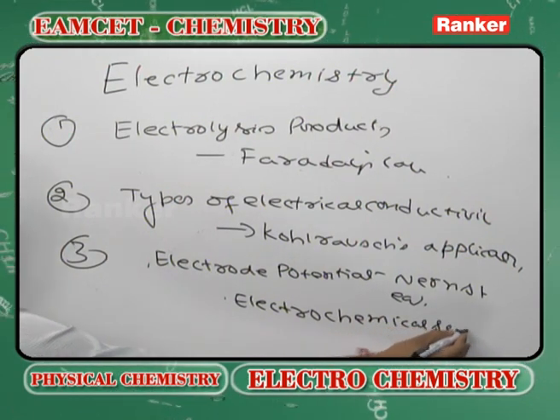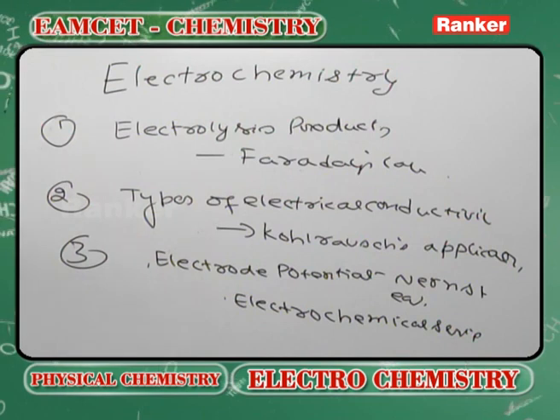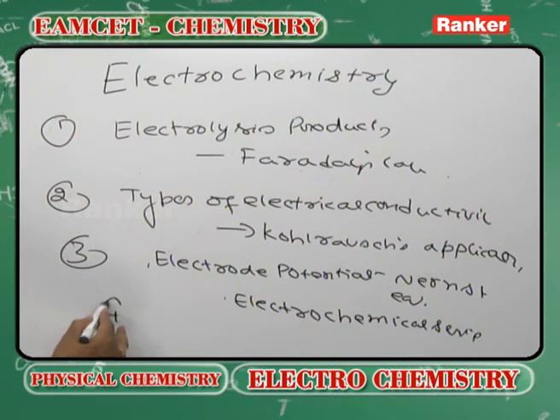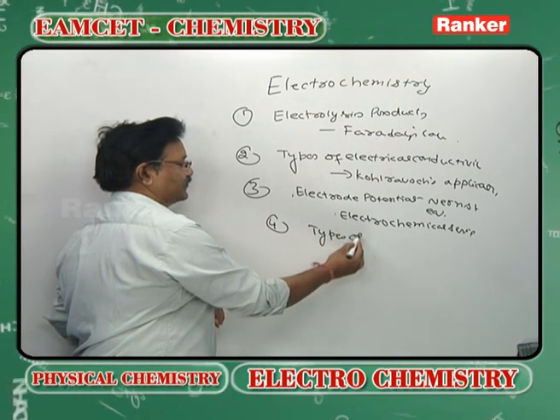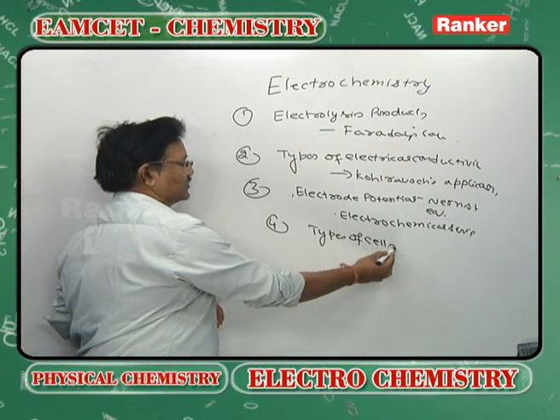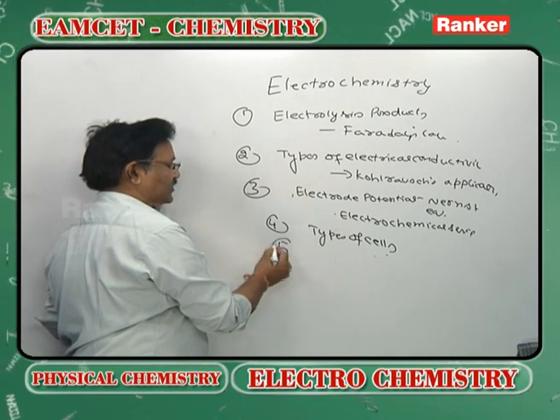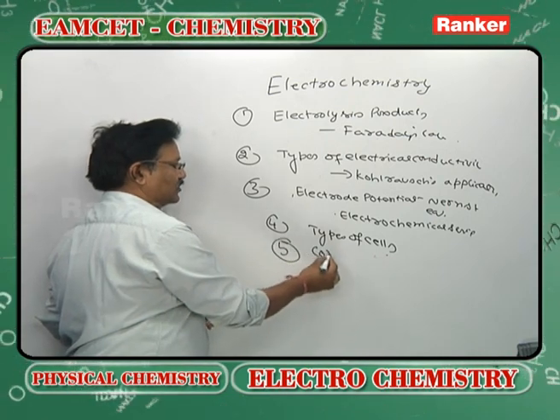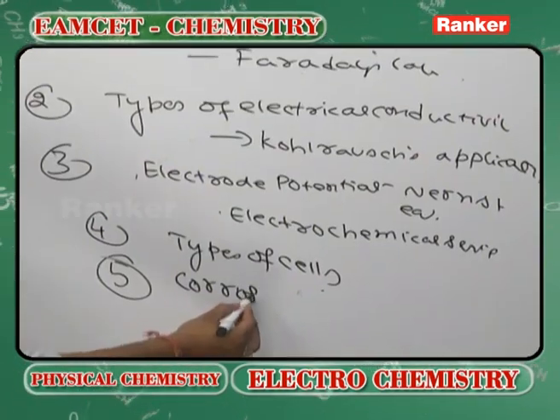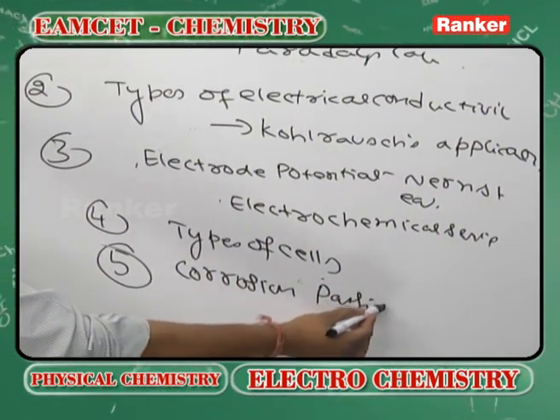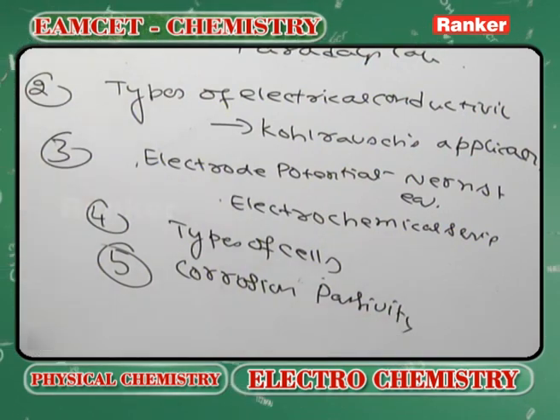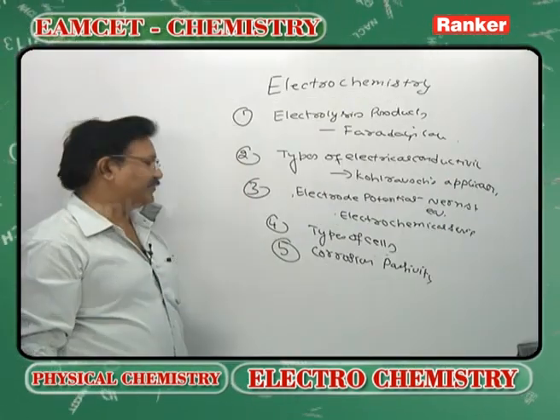Fourth point is types of cells, and the fifth one is corrosion and passivity. These are the 5 side headings which we have to concentrate on.